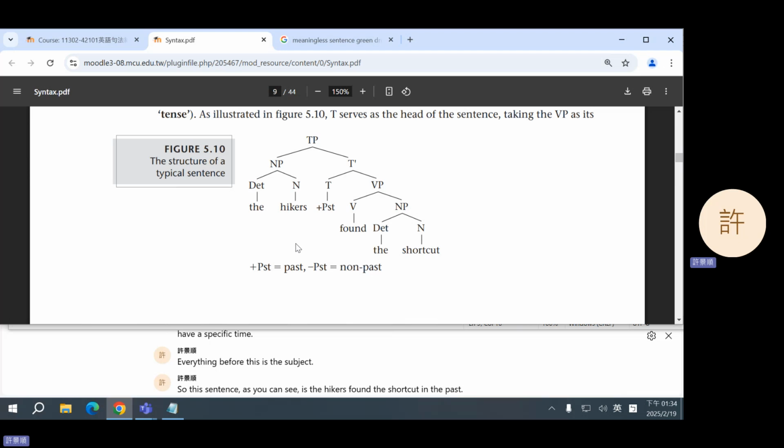And you'll see that we're still using the same sentence structures. We're still using the same diagram. We're just adding layers on top. And in this understanding, the subject is the specifier of the predicate. It modifies the predicate. Who found the shortcut? The hikers found the shortcut. It modifies the meaning of the main sentence.